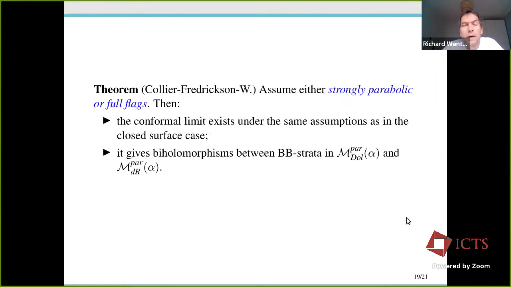All right, and so then the theorem, finally, this is really my second to last slide, sorry, is that everything goes through. So again, we have two stratifications. Now the C star action is on this bigger space where we don't fix the residues. But again, there's a notion of strata. The fixed points are again Hodge bundles, and we get the conformal limit existence theorem and correspondence of strata, much like we had before.